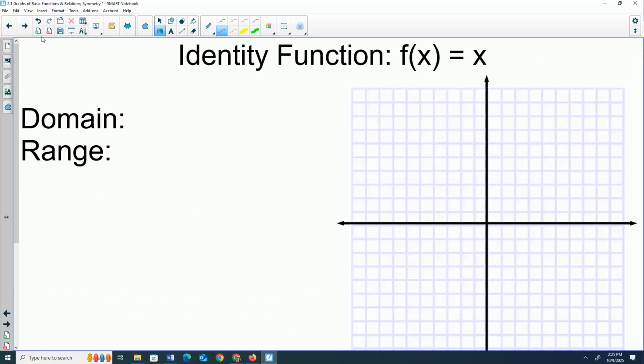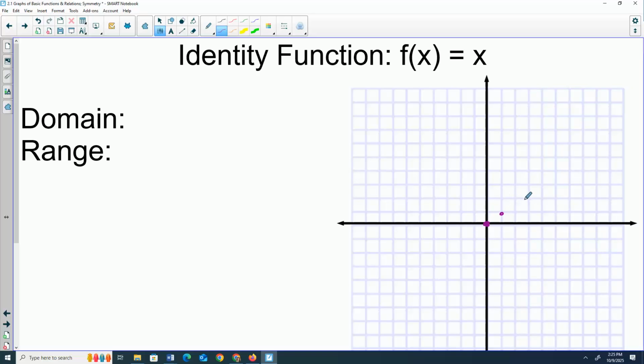So now we're going to graph our common functions. This one, the identity function. F of x is the same thing as y. If I say y equals x, you could have graphed that on your test yesterday. Y equals x. That's a line with a y-intercept of 0, slope of 1.